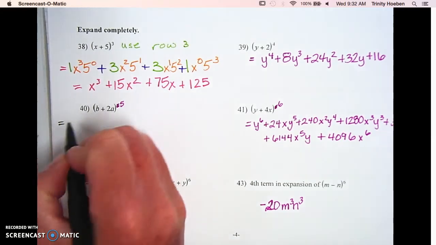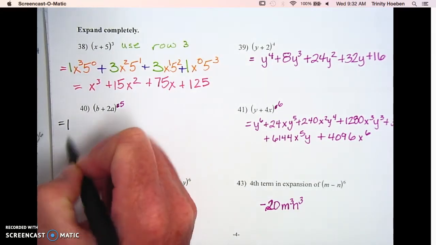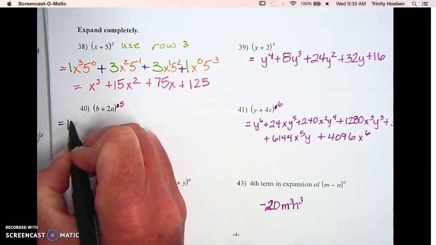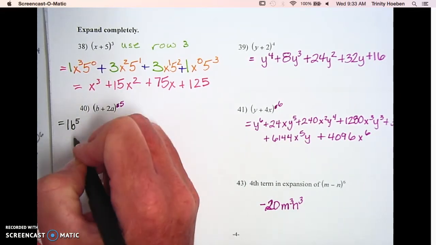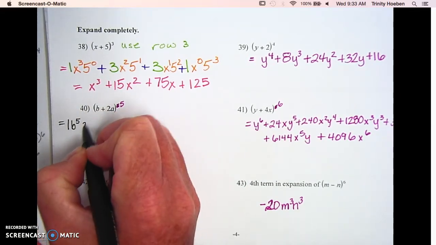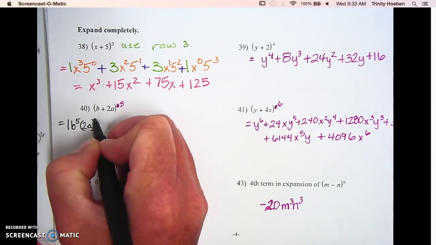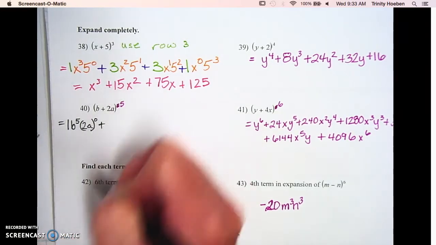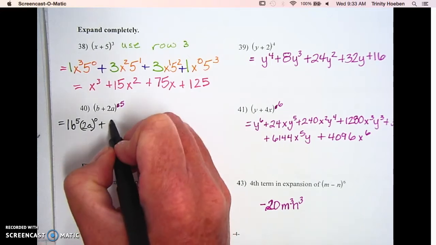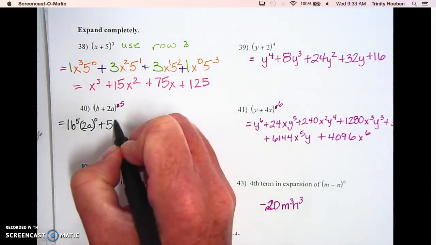So the first one is 1. They always start with 1. The A term is B, which is a little confusing, to the 5th power. And then the B term is 2A to the 0 power. Plus, the next coefficient is 5, b to the 4th.